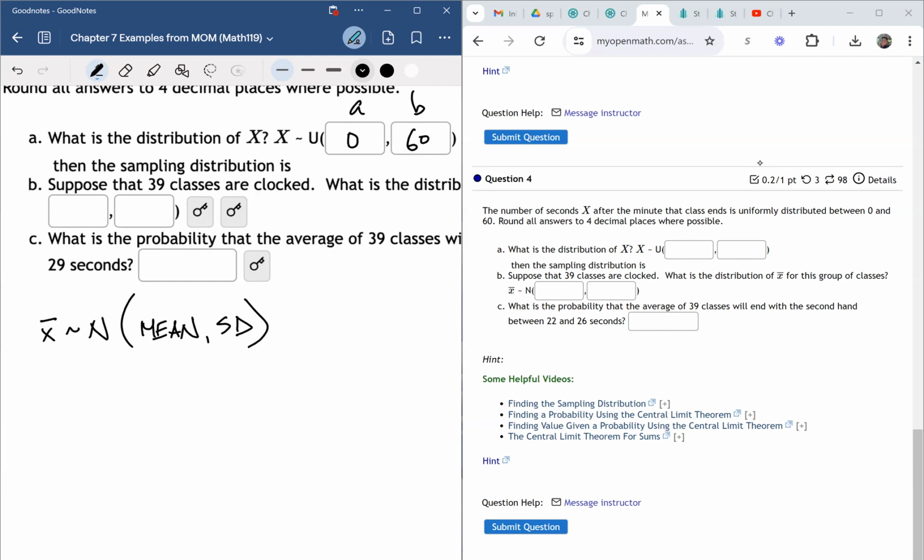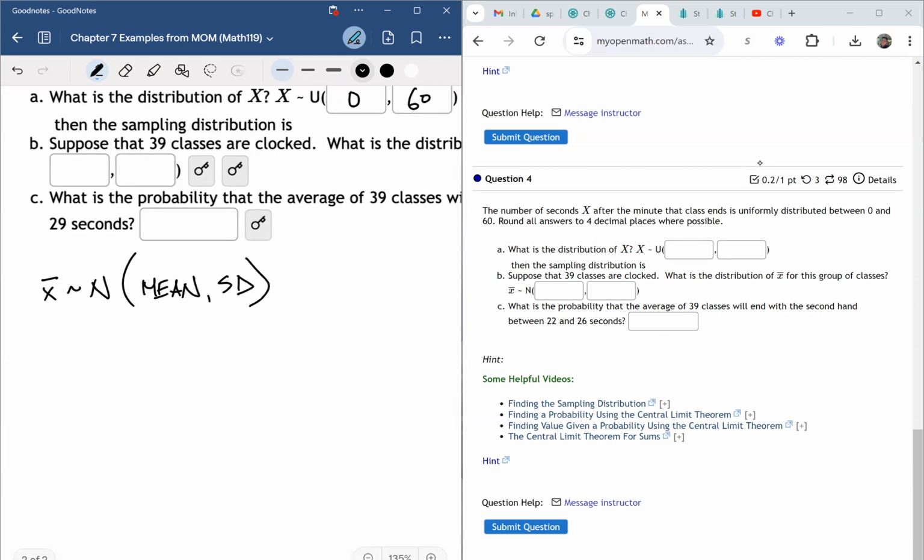We go back to chapter 5 and find that our mean, mu, is equal to a plus b over 2, which in our case is 0 plus 60 divided by 2, or 30. So our mu is 30.